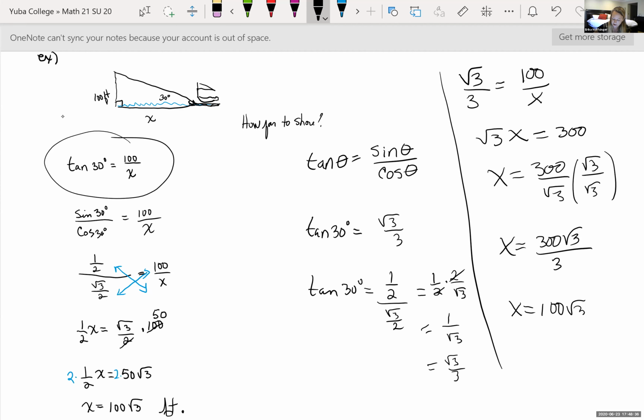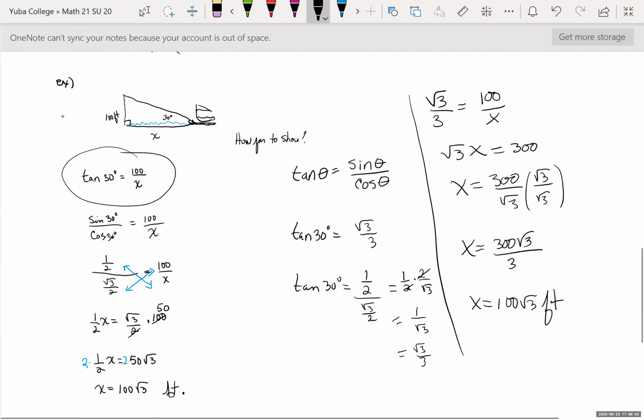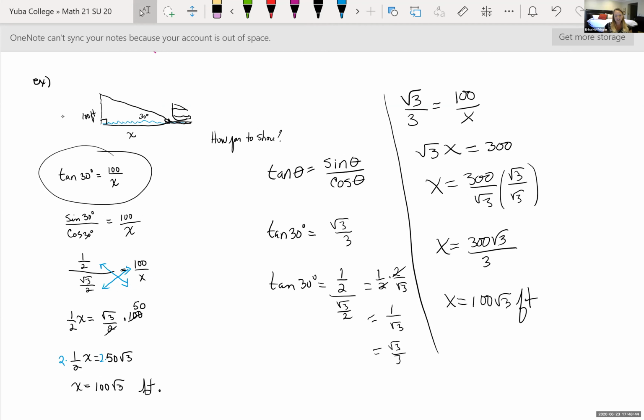So either way, we're going to get the same results. So it's kind of simpler. Oh, yeah. I'm just using the definition that tangent could be rewritten in the form of sine over cosine. So knowing one of the trigonometric functions like that is so much faster than having to rewrite it.